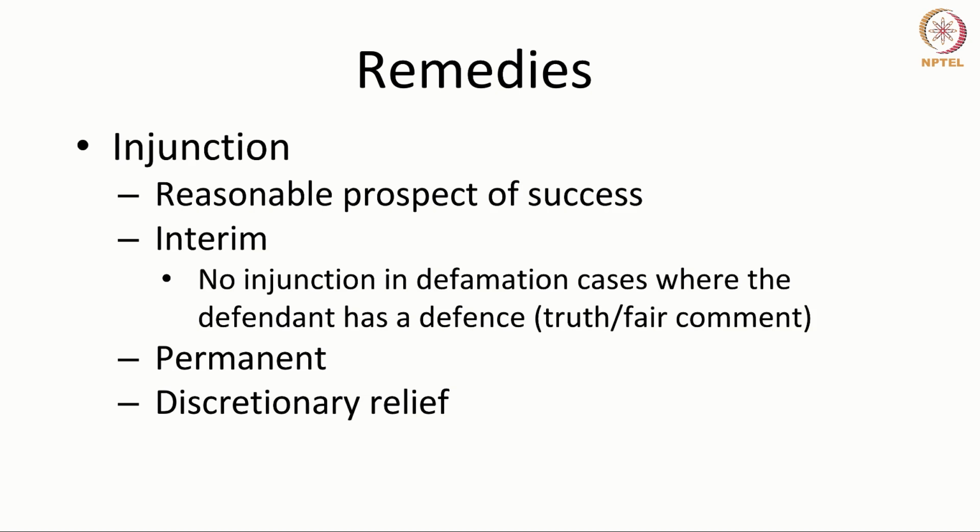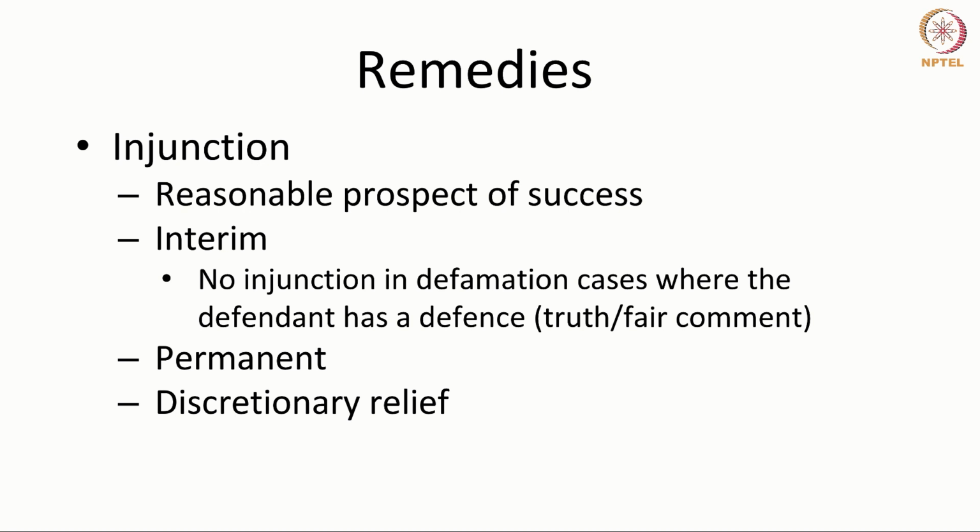What can be the remedies? The first remedy is injunction. An injunction is an order from the court restraining the person from disclosing it further and from using the information further.